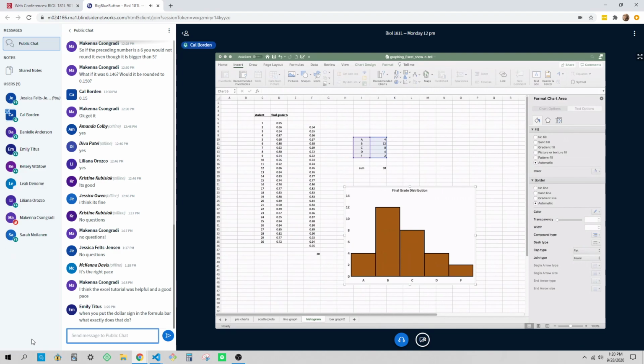So you put the $ in the formula bar to hold the range constant. Okay, so in other words, you don't want the range or the cell identity to move or change. It's called an absolute reference, I believe.